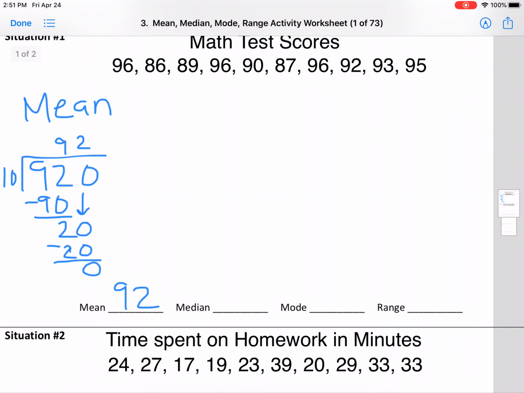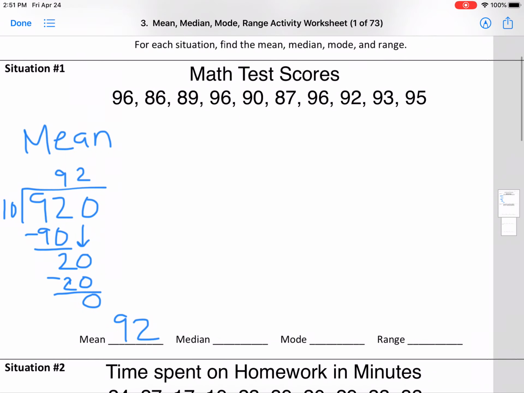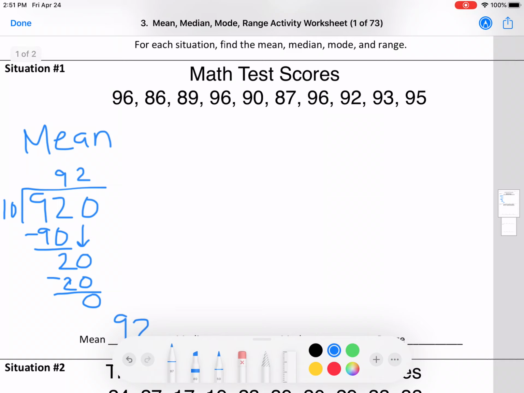Now we're going to move on to our median. Our first step to finding our median is to order our numbers from least to greatest. I'm going to look at my list and find my smallest number. My smallest number is 86. So I'm going to write that first and cross it off.